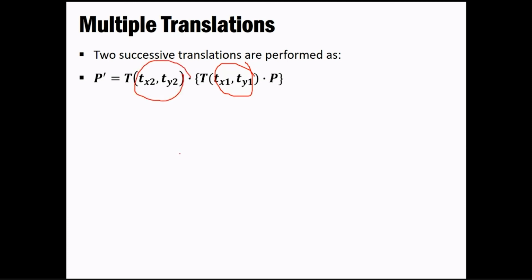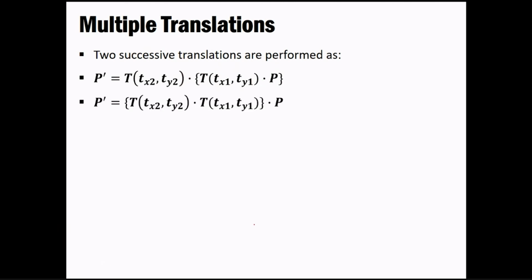Based on that, you first need to go from right to left. You multiply your pixel with the very first thing, translation matrix 1, and then the whole of this is multiplied with translation matrix 2.